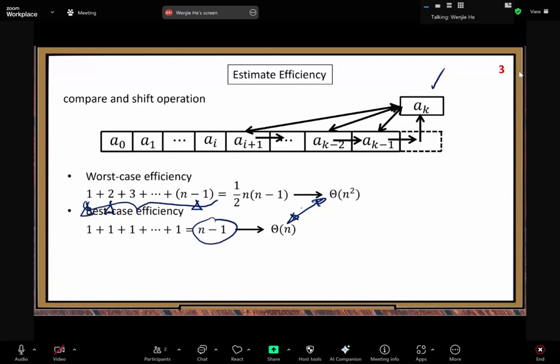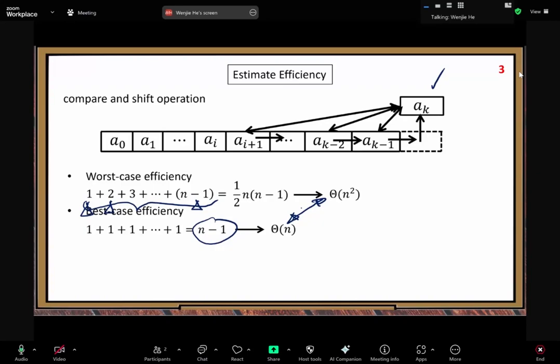The difference is extremely big. Later we will compare the difference between best case and worst case for all other sorting algorithms, and this one is the biggest.